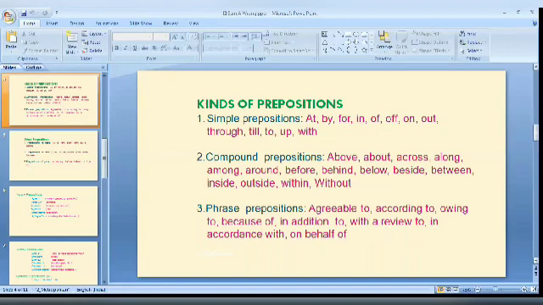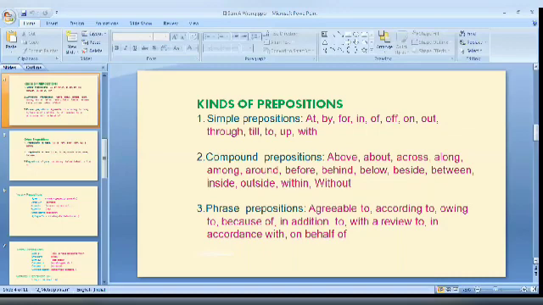And the third type of prepositions are called phrase prepositions. Phrase prepositions means usually there will be a combination of two different words. For example, look at this preposition, agreeable to. If something is agreeable to someone, then he uses the preposition agreeable to. The same way, according to.